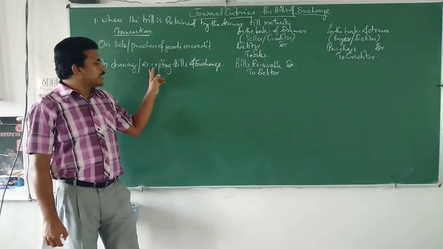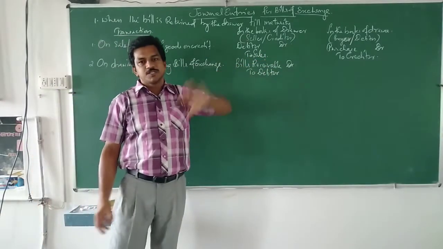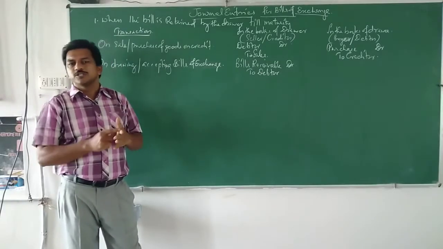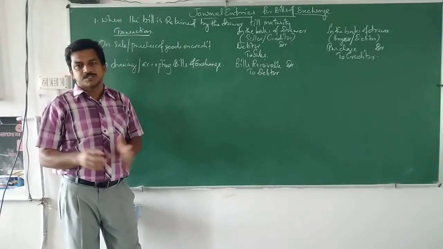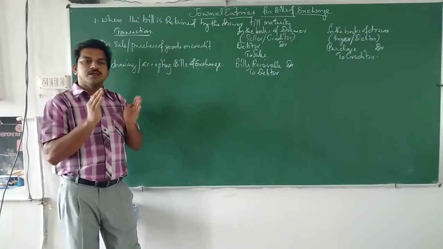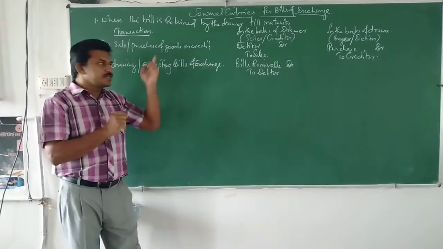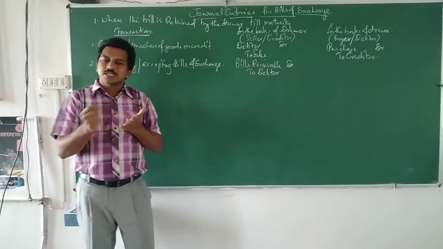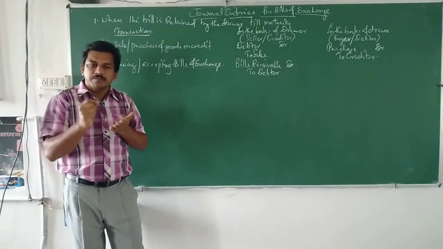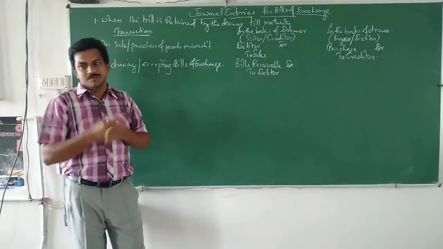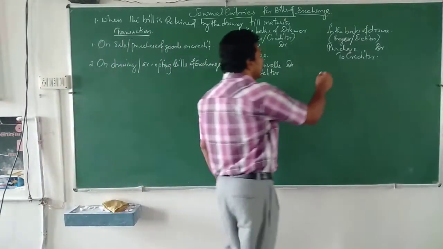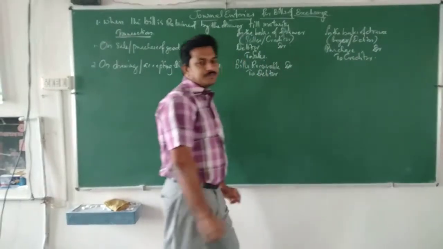And when it accepts, who will accept? Accepting means signing on the face or back of the negotiable instrument is called acceptance. So drawer will draw the bill and drawee will accept it. Accept the bill means accepting the payment. Okay. So for him, this bill is a liability.